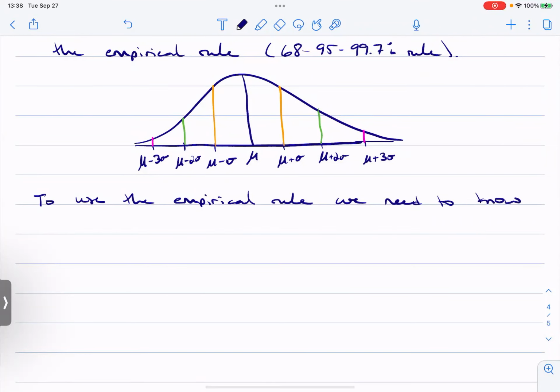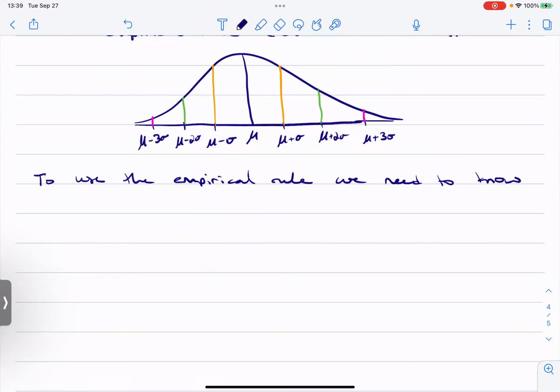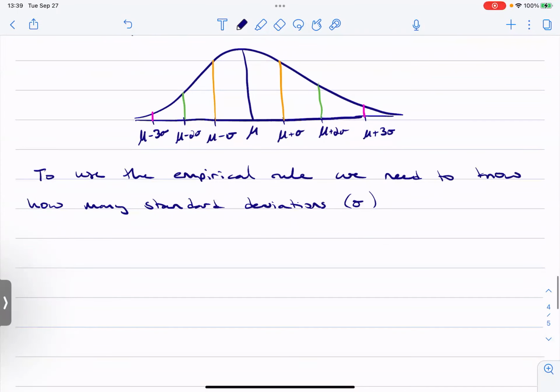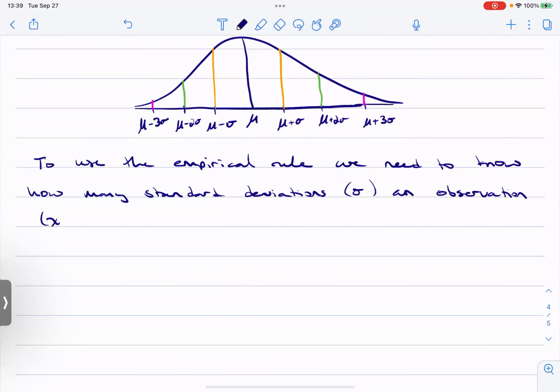we need to know how many standard deviations, or sigma, but usually we can replace that with S and get by just fine, an observation, which we usually denote by X bar, is from the mean.